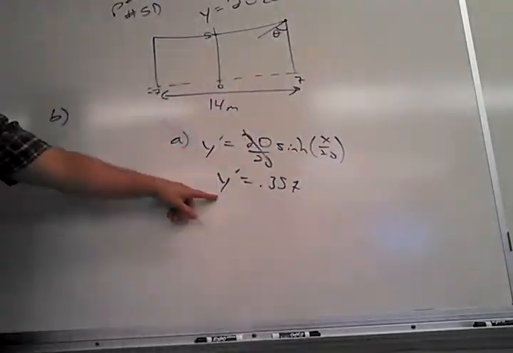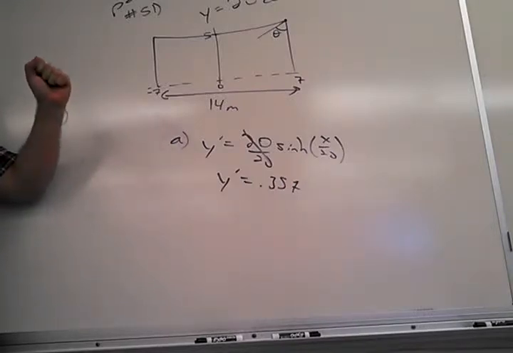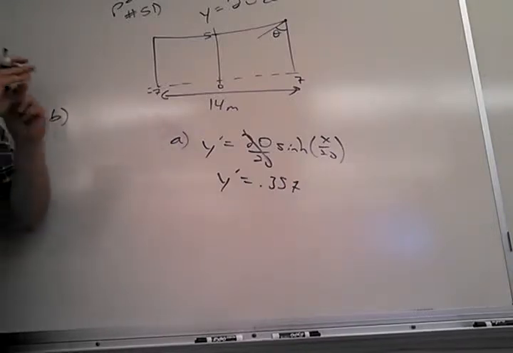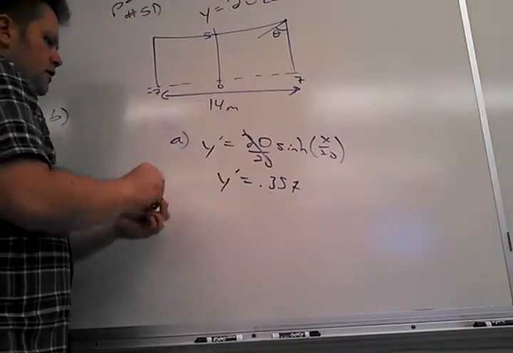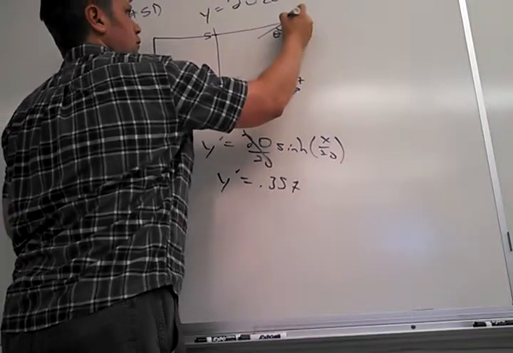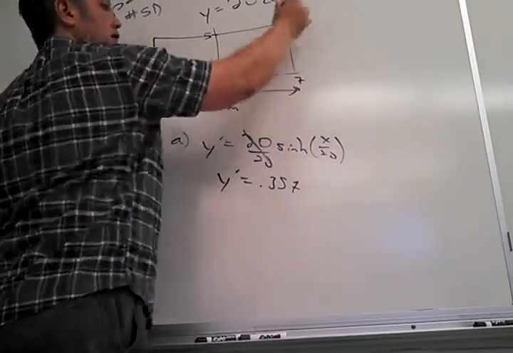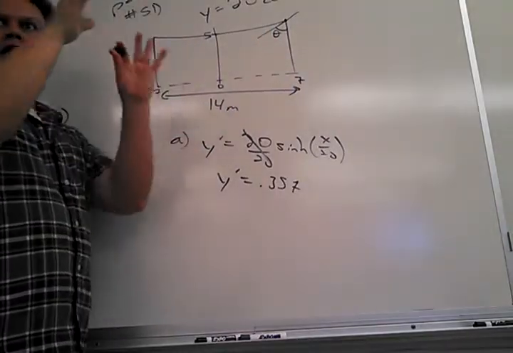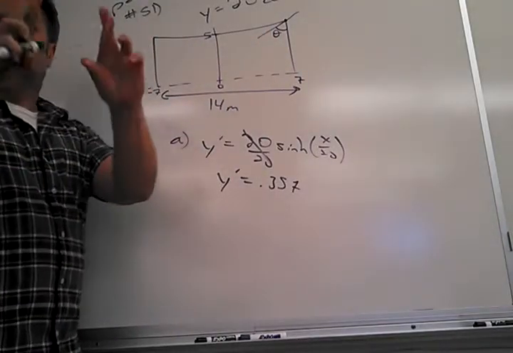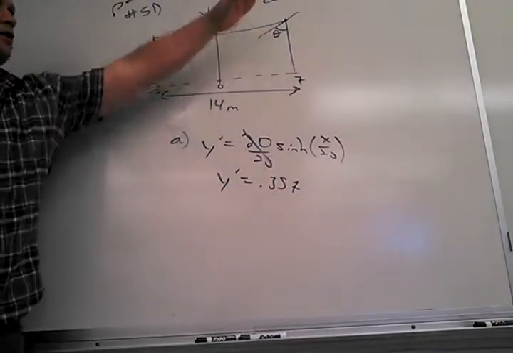Somehow part A is going to help me with part B. I really want you to understand this slope, the slope at that point. I've drawn the tangent line. So this tangent line has a slope everywhere of what? 0.357, of course, because that's the definition of the tangent line. That's the slope of the tangent line.